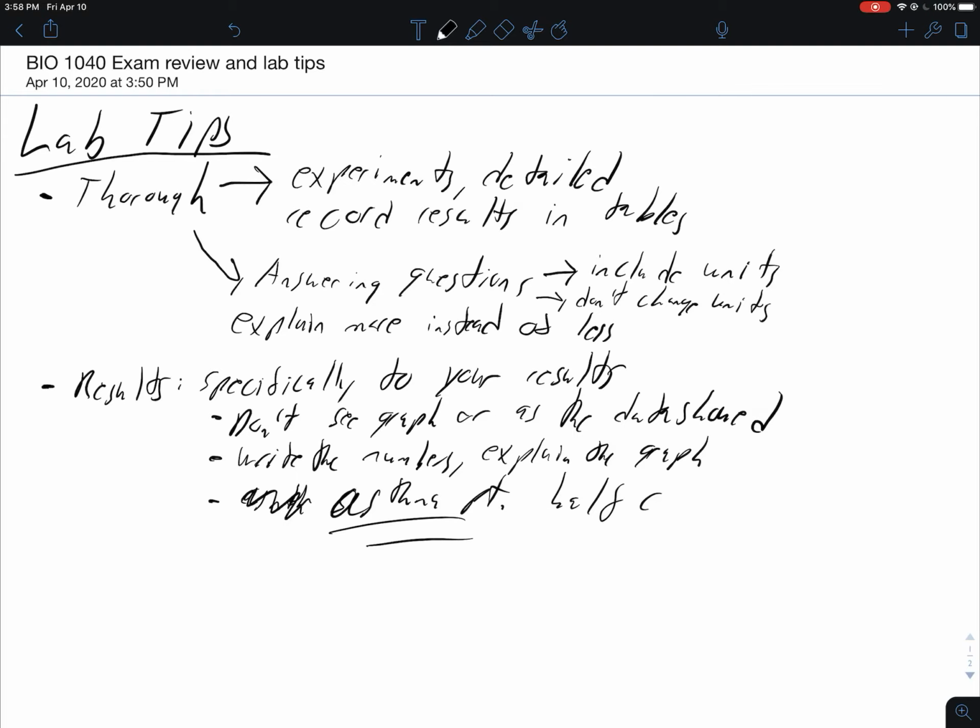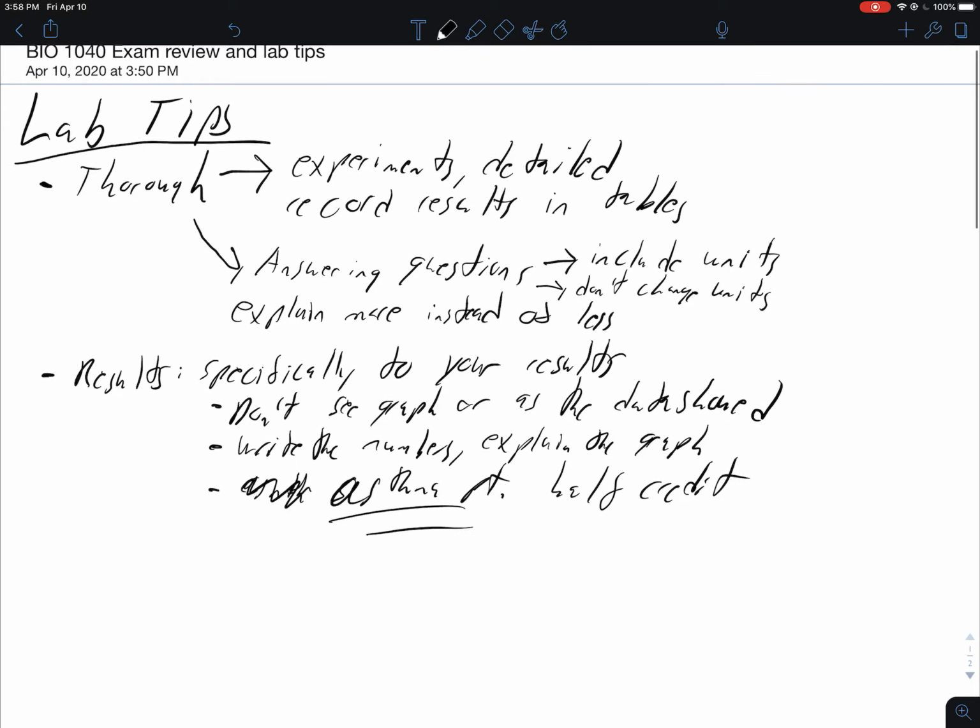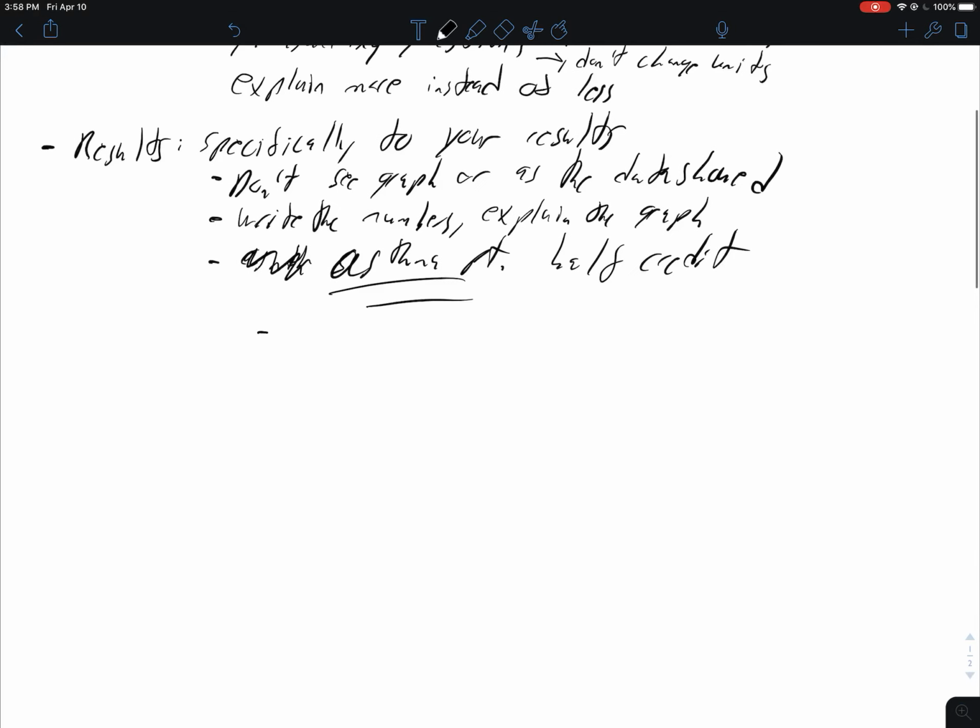Okay, what you should do instead is say the asthma patient's, and spell that out, inspiratory volume, and spell that out as well, was 50.